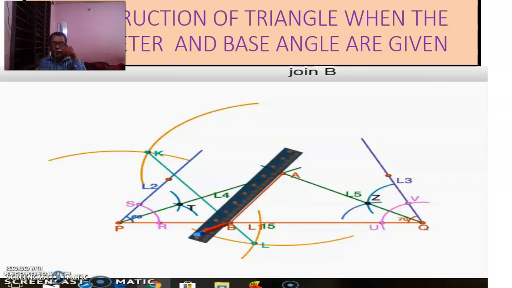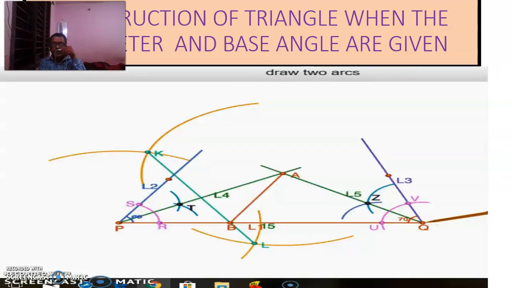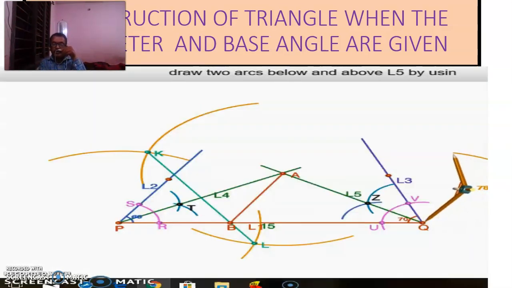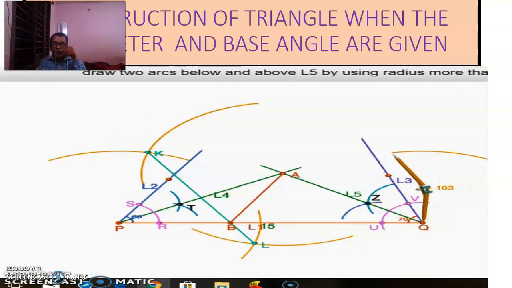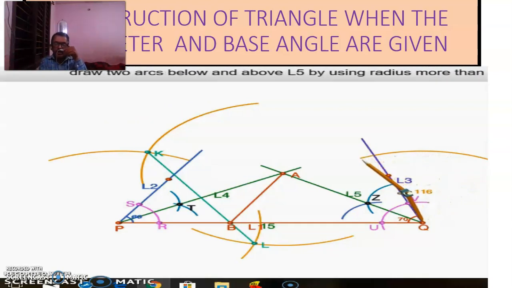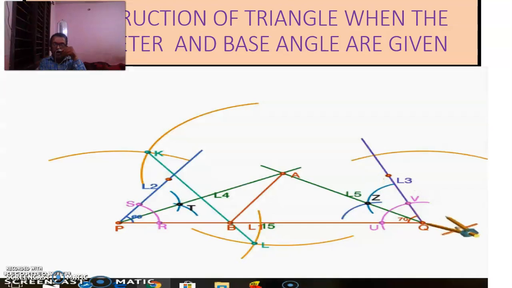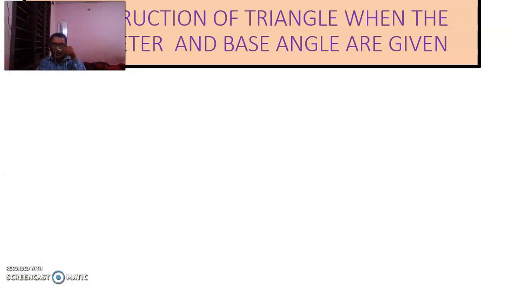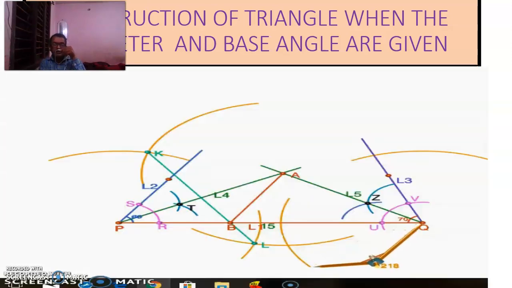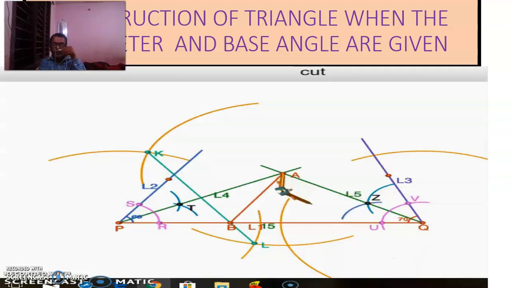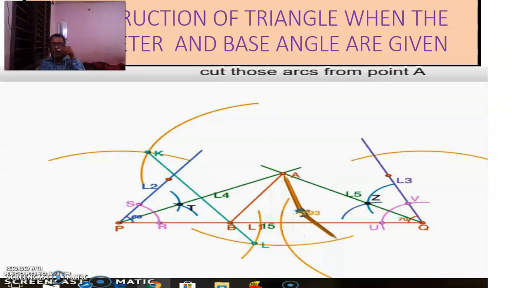Similarly, construct a perpendicular bisector to the line L5 by using more than the half of the radius. Construct arcs above and below L5. Cut those arcs by using the same radius from the point Q by using the compass. Similarly, you will get the two intersection points.